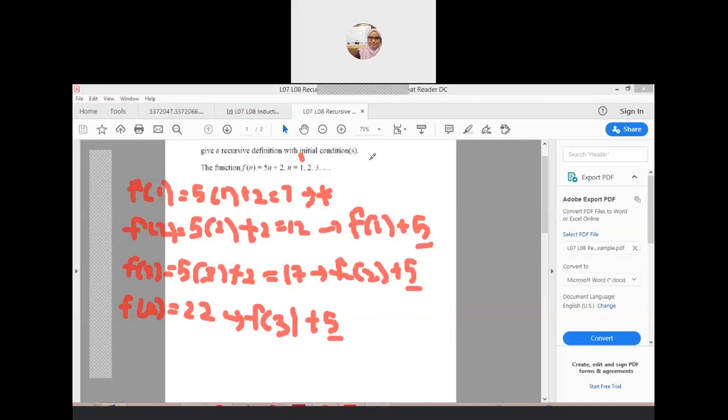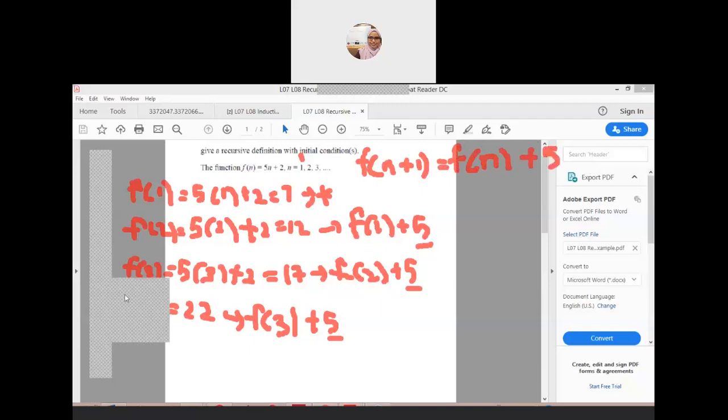So we know that f n plus 1 is equal to previous value f n plus 5.